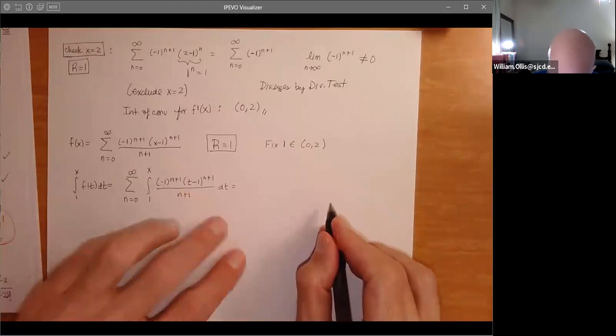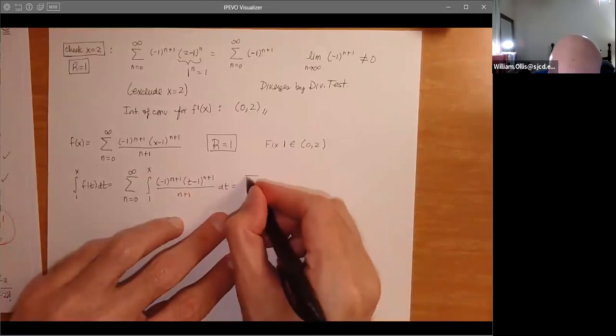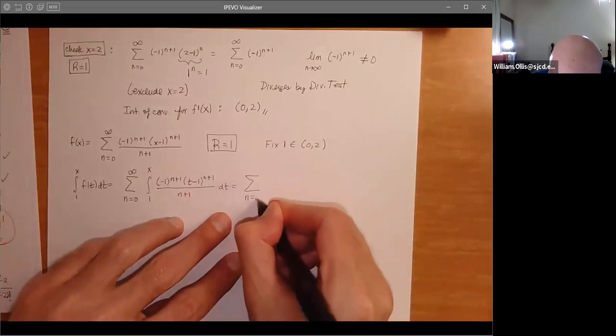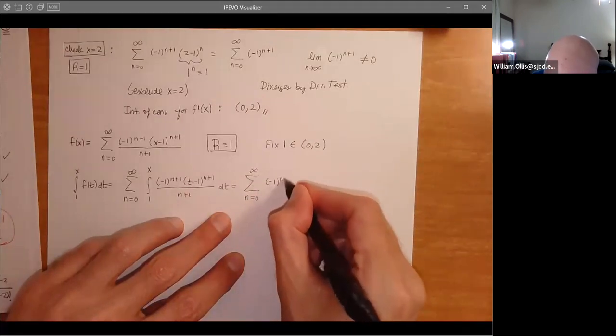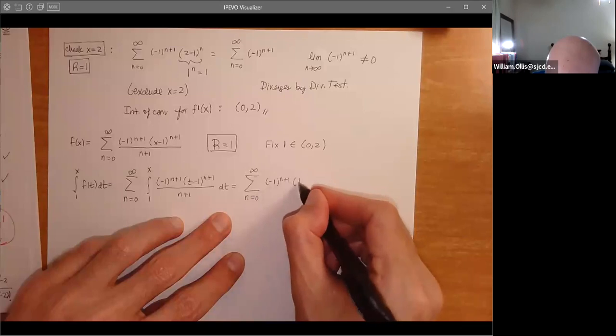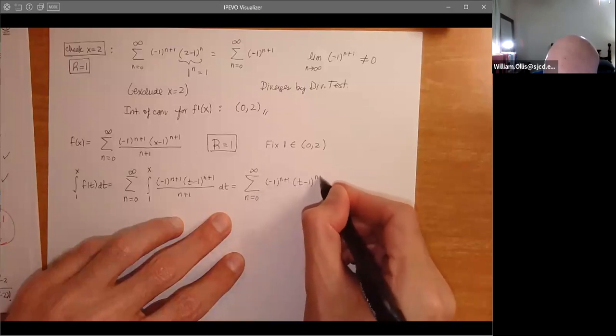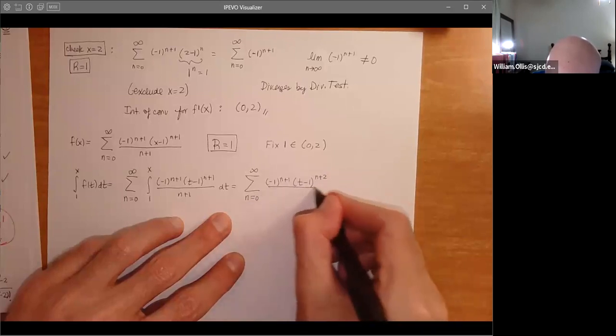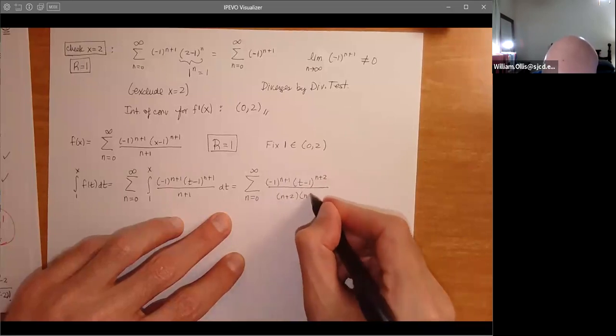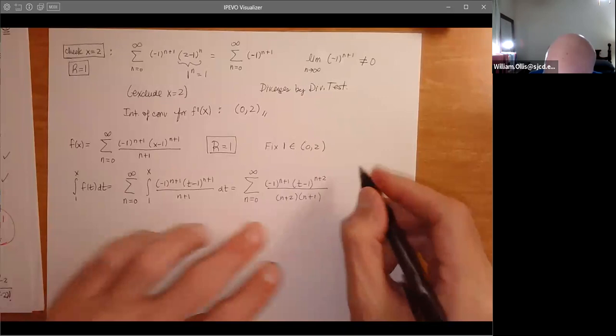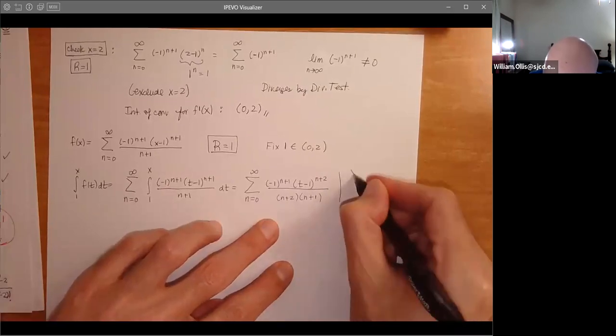So now add 1, divide by the new power. So this will give us the series n equals 0 to infinity, -1 to the n plus 1 t minus 1 to the n plus 2, add 1, divide by the new power. So that gives us n plus 2 times n plus 1, evaluated from 1 to x.